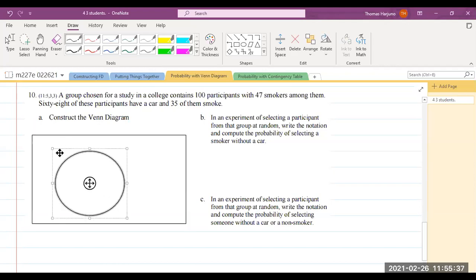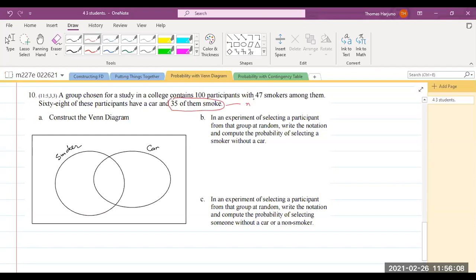So I have a group of smokers, and then another group of having a car. So I will just use the notation car. 47 smokers. 68 have a car. Those who have a car and smoke are 35.